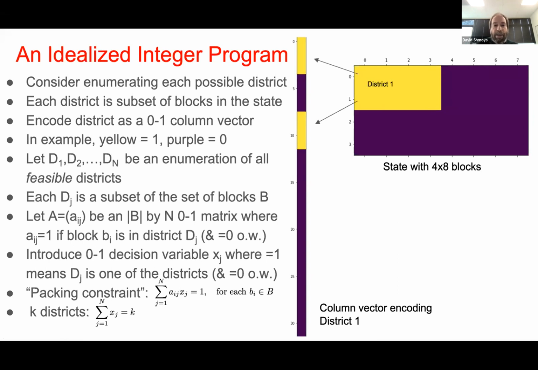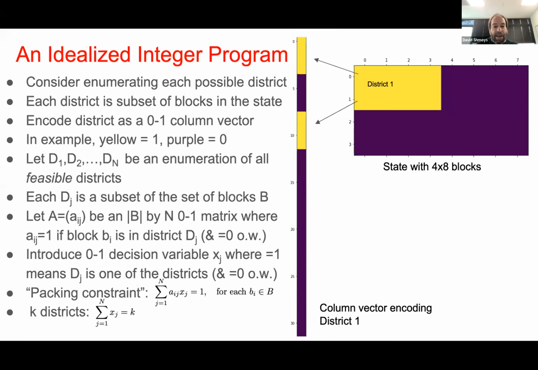But in principle, I can encode that as a 0-1 vector as to which of the given precincts or blocks make up that district, and have one column for each proposed block.